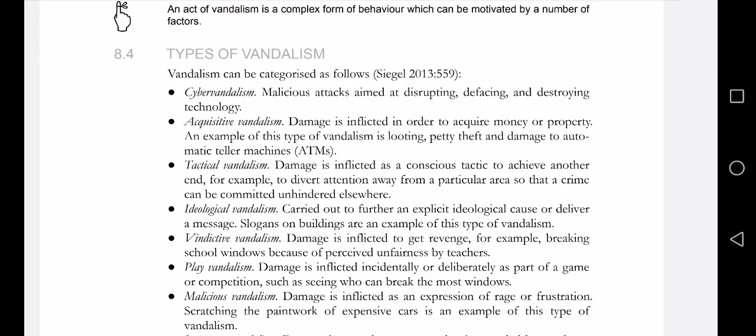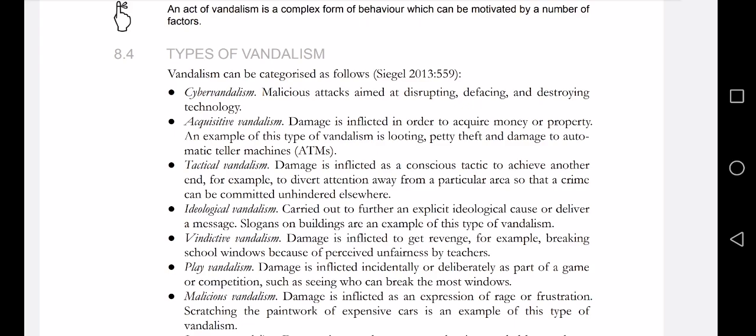Tactical vandalism: damage is inflicted as a conscious tactic to achieve another end, for example, to divert attention away from a particular area so that a crime can be committed unhindered elsewhere. Ideological vandalism: carried out to further an explicit ideological cause or deliver a message. Slogans on buildings are an example of this type of vandalism.